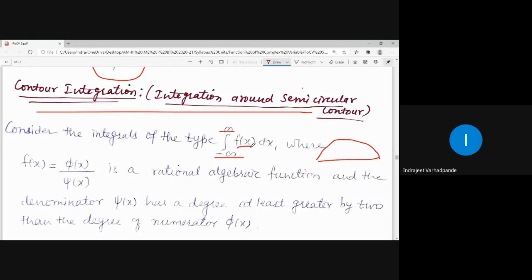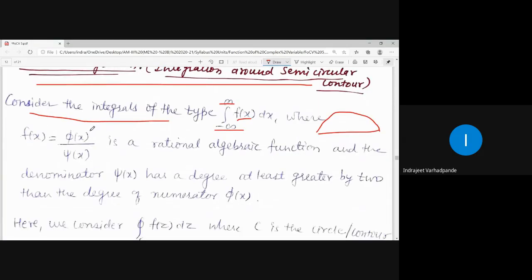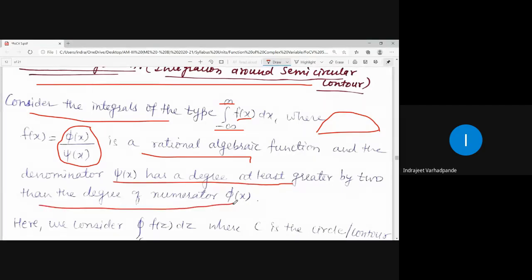and the integrand will be a function of x. Now why it is so, we will be talking very soon. So here we have the integral of the type minus infinity to infinity f of x dx, where this f of x will be phi of x upon psi of x, which is a rational algebraic function, and the denominator has degree at least greater by 2 than the degree of numerator.